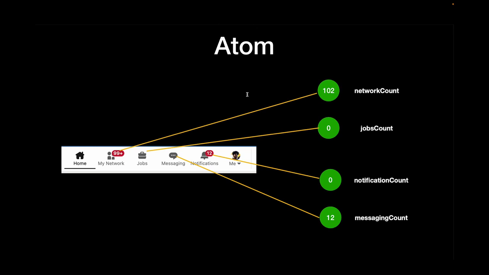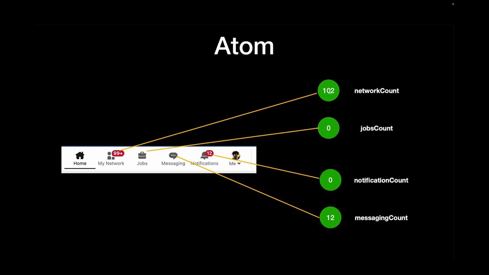An atom is the smallest unit of state that you can store, similar to useState. useState is one way to store these variables. An atom is another way to store these variables. If you're using Recoil, you would use an atom. I have defined 4 atoms here: network count, jobs count, notification count, and messaging count, each representing the current set of notifications a person has.